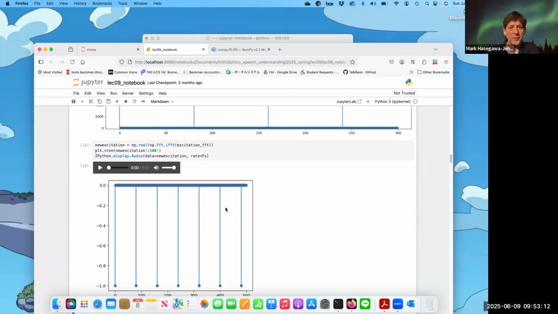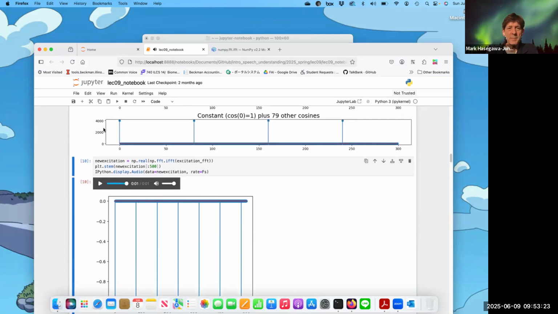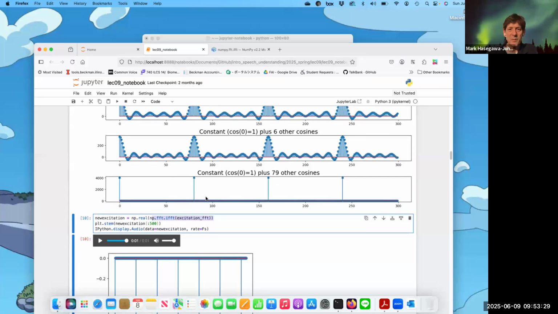Let's see if I've remembered all those things correctly. Now we can see that the excitation signal looks like, again, an impulse train with one impulse every 80 samples, and if we play it, it should sound the same. So we can get back that impulse train by taking the inverse Fourier transform of the excitation FFT. And that's essentially what I've done here.